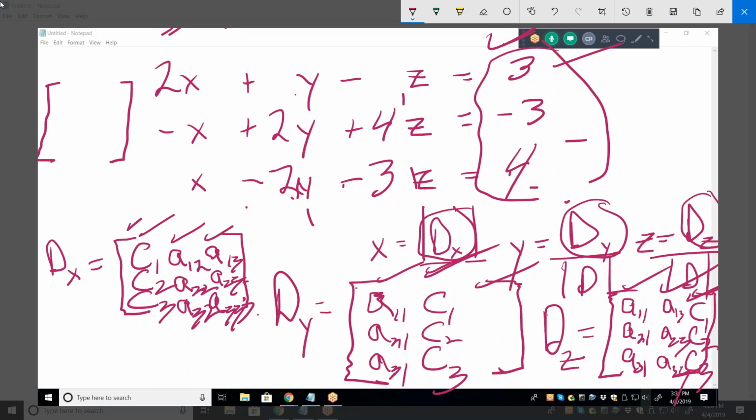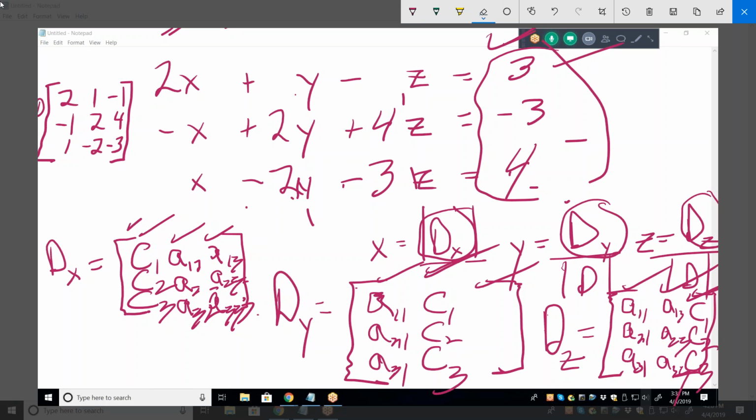So what's D? That's going to be 2, 1, negative 1. Negative 1, 2, 4. And then 1, negative 2, negative 3. And then you find the determinant of that.